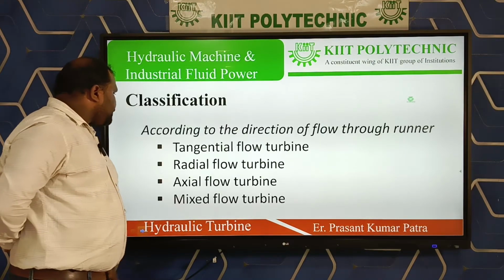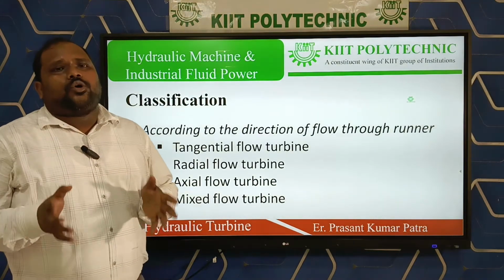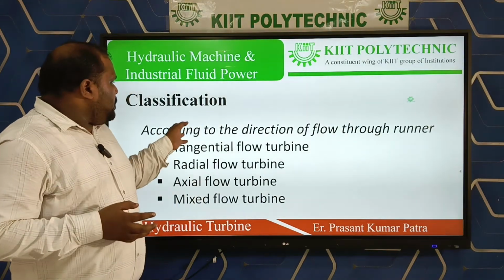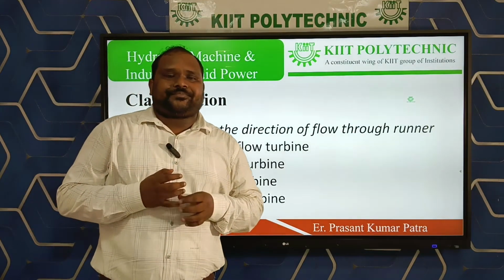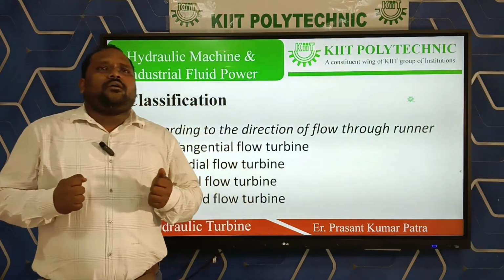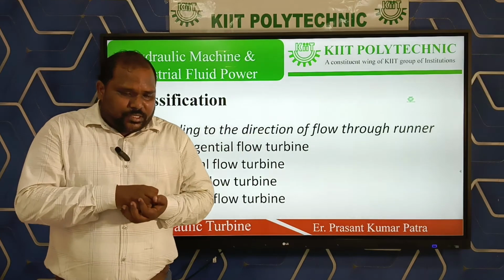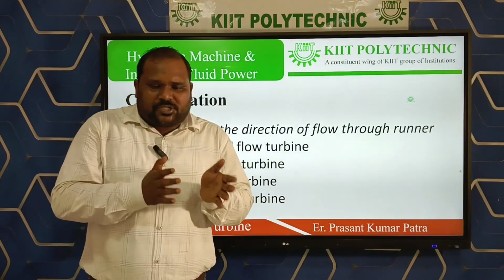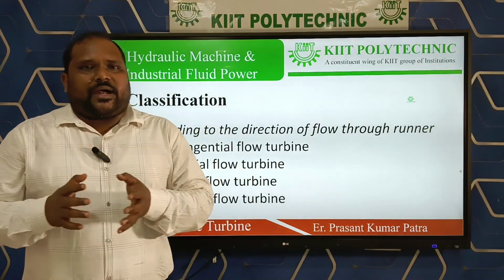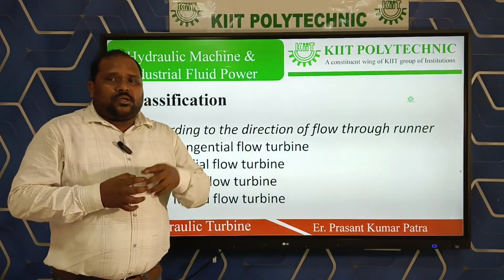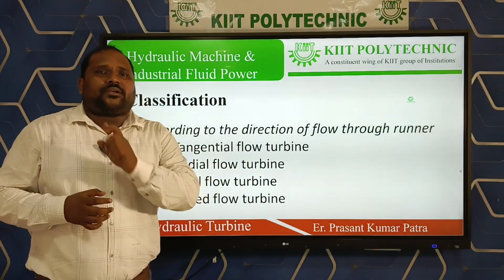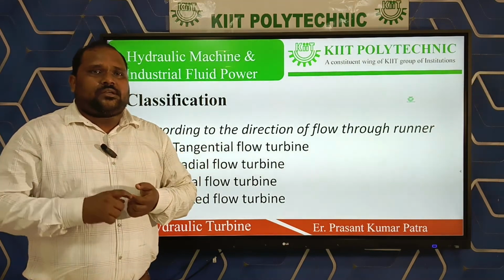Next, we will see another mode of classification: according to the direction of flow through the runner. In hydraulic turbines there are special types of runner arrangements, and depending upon those arrangements the flow of water also changes.